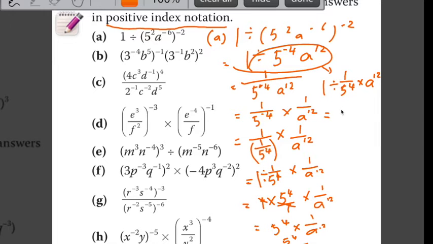Then this is 1 times 5 to the power 4 over a to the power 12. So I still get the same thing, right? Okay.